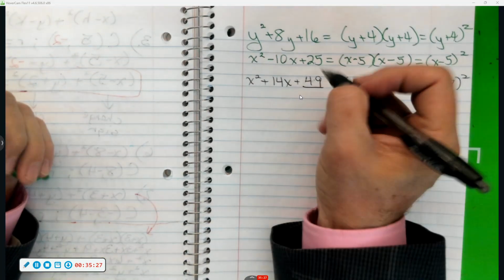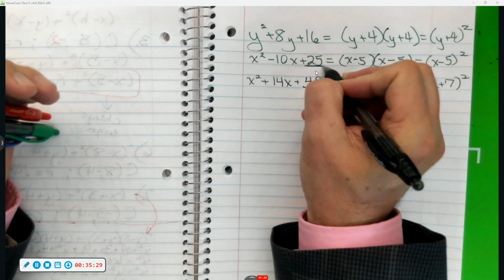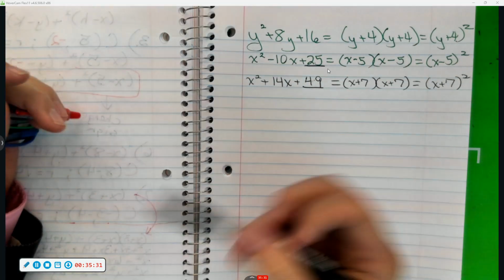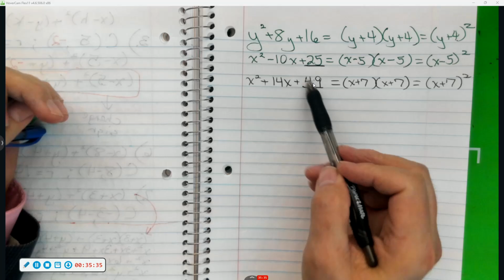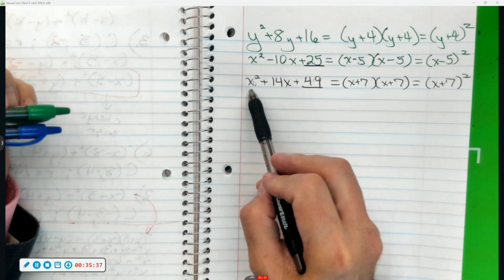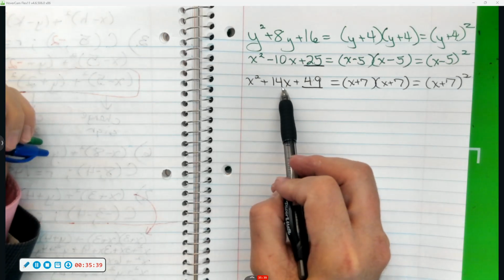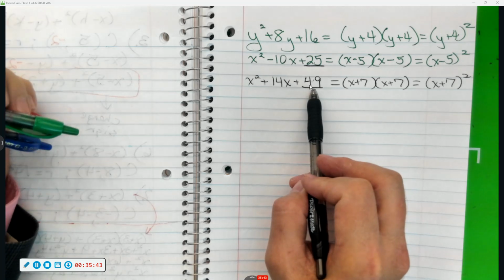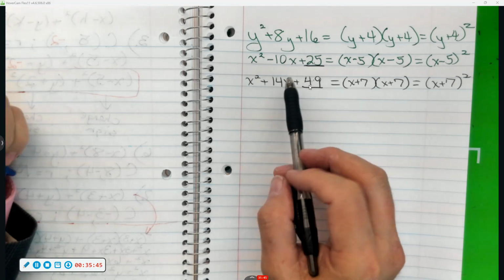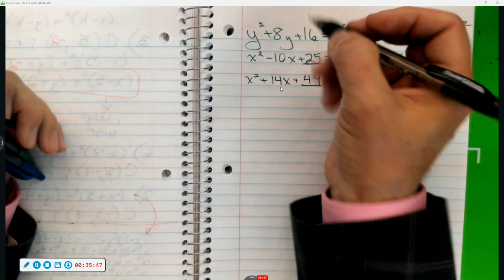The secret to creating a perfect square is this last number. You'll have the variable squared and you're going to have that middle number. You're going to have to figure out the number that you're going to use to create a perfect square trinomial. Look at these, I guess all three of these examples.